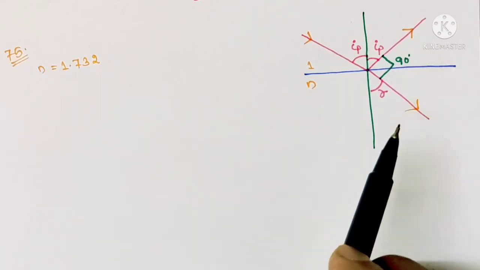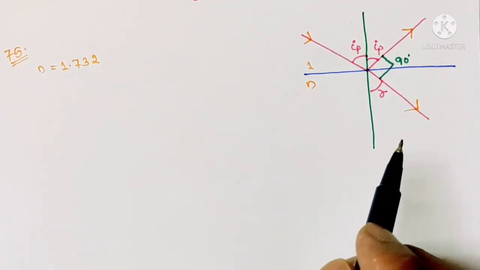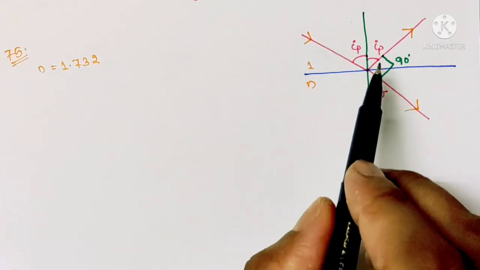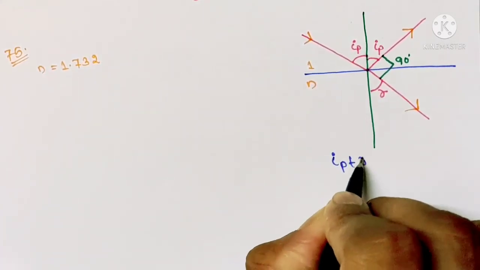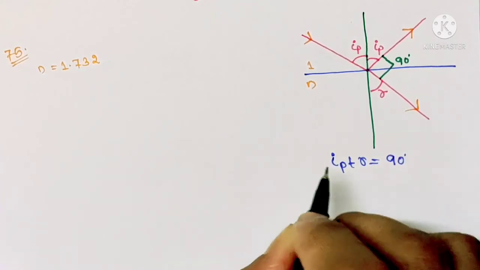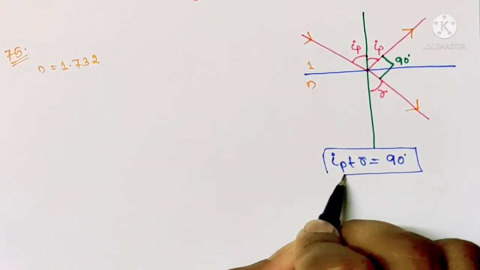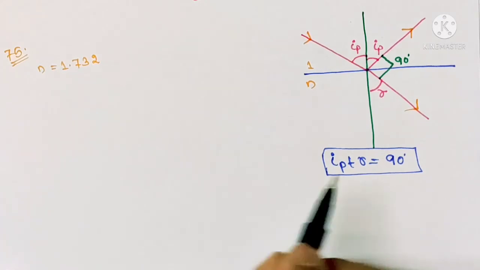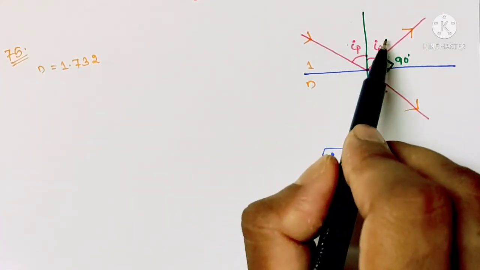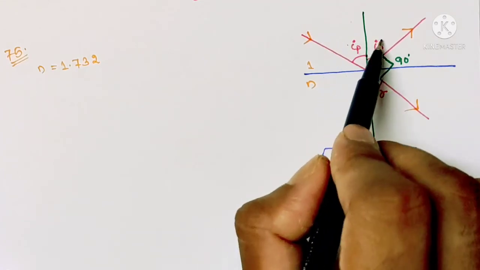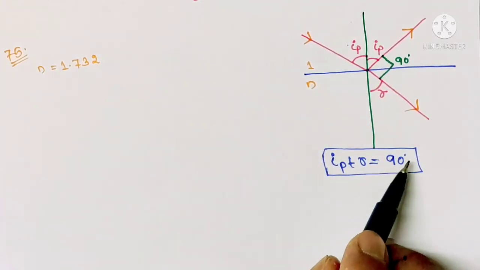Another condition to get polarization is that Ip plus r equals 90 degree. You should remember this condition also. From the laws of reflection, the angle of incidence and angle of reflection are equal.